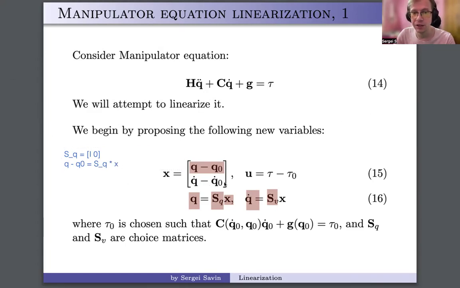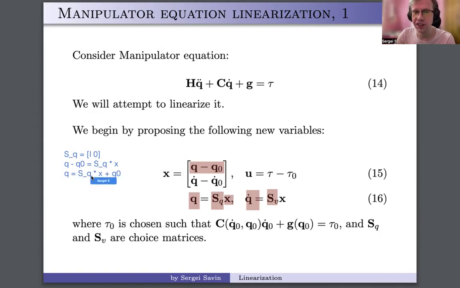Well, that would be what we could find, realistically speaking, using the selector matrices. Then if we insist on finding an expression for Q, the final expression would look like this. Same with Q dot.